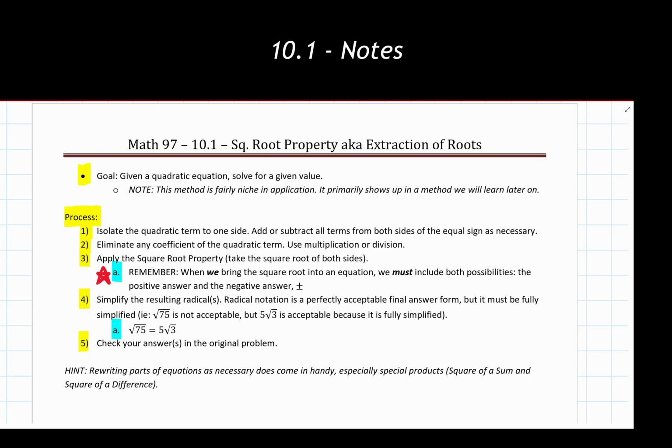A lot of the time that comes up with story problems where we'll get a positive answer and a negative answer. And maybe it has to do with time. We're asked how long it takes for something to, let's say, fall from the top of a building.